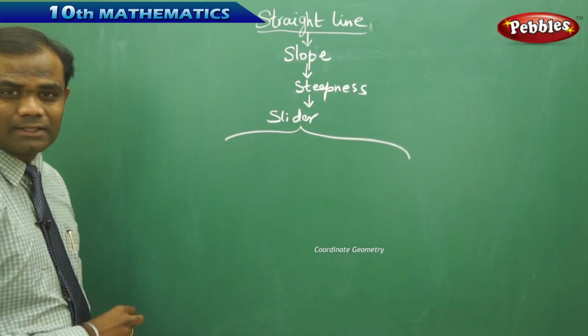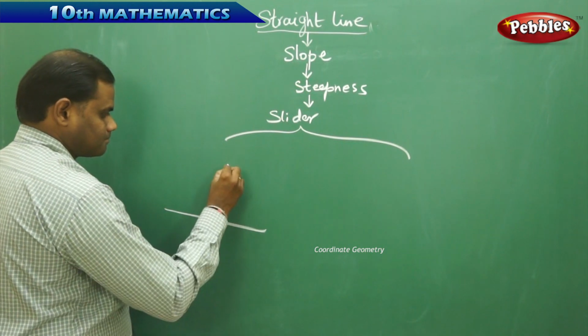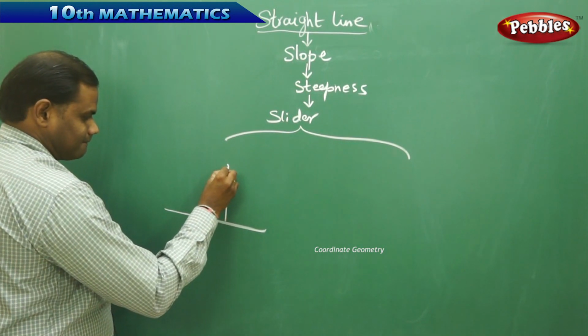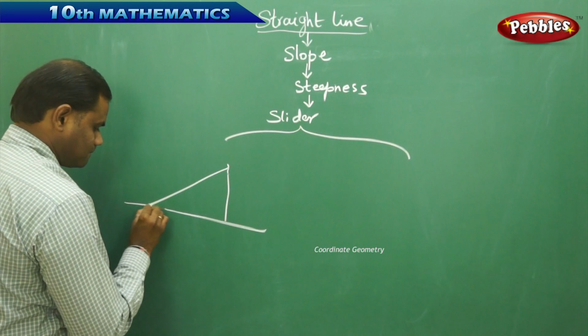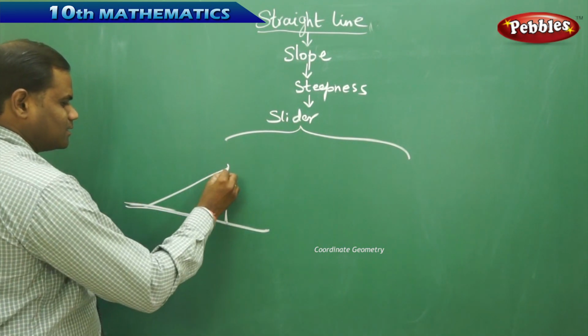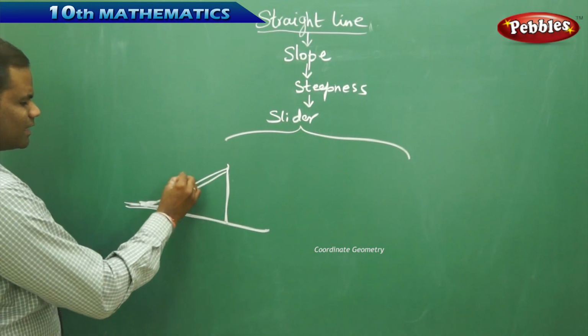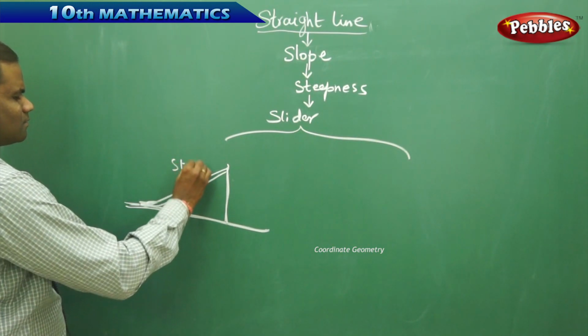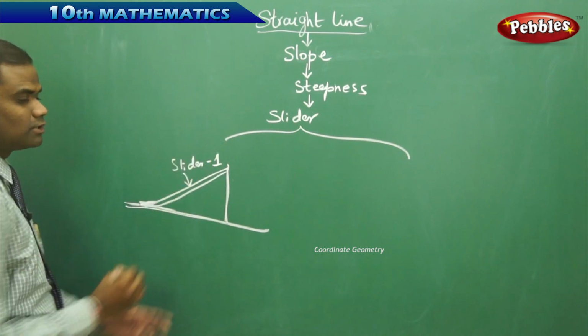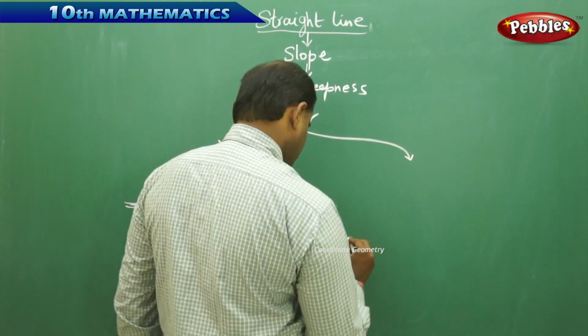One of the sliders is this; this is the ground and this is the slider. Say this is slider 1, which I have considered here, and in this case let me consider slider 2.